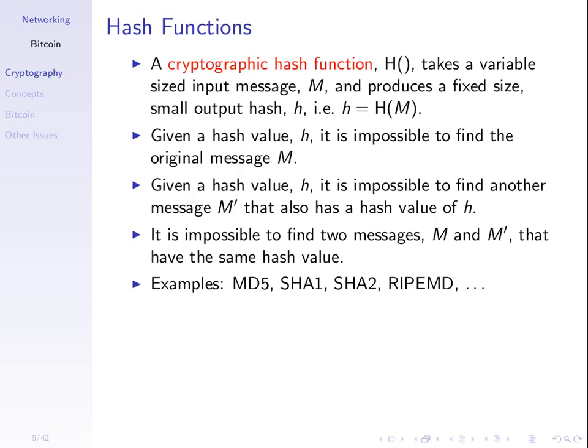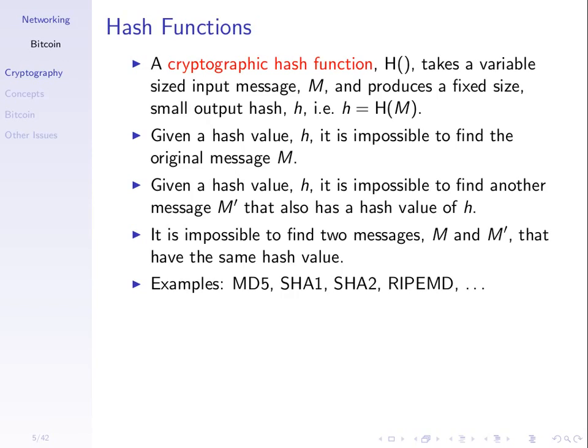Okay? So let's summarize this notation. A hash function is some function that takes some variable size input, some message m, and it produces a fixed size, usually small output value called the hash value or the hash. And I denote that as lowercase h here. So the hash of m equals h.